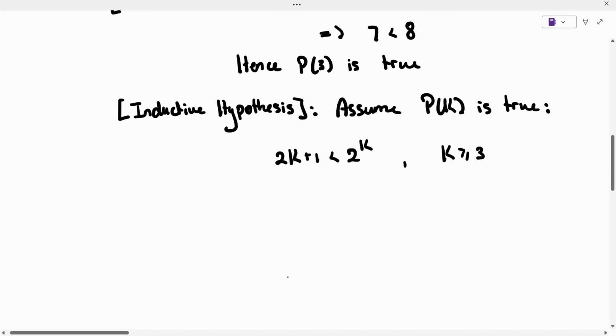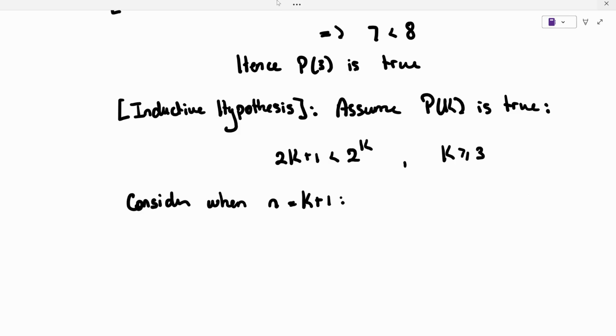So what we need to do now is prove the inductive step. So we need to show anytime P(k) is true, P(k+1) is also true. So we consider when n is equal to k + 1.